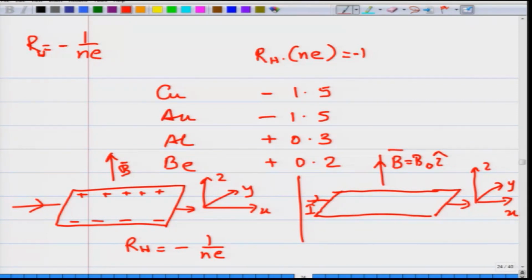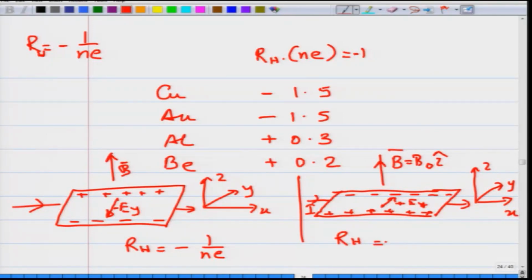And what will happen here is that on this end you will have positive charge carriers and the other end will be negative. And now you see that for negative charge carriers, the electric field was in the minus y direction. Here in the case of positive charge carriers, the electric field becomes in the plus y direction.